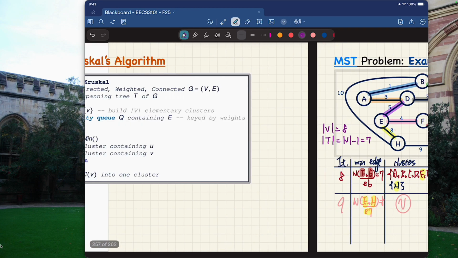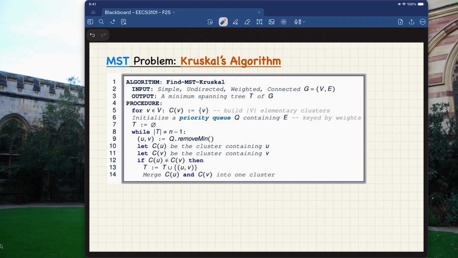If you look at the algorithm over here, you can see that we keep choosing something from the priority queue, which is guaranteed to be the minimum, because we're using the edge weights as the key. Keep choosing the minimum, and every time we try to merge two clusters, using an edge to connect them. And this edge is a minimum, and that guarantees it is going to be a member of the ultimate minimum spanning tree we're going to build. We don't know exactly how that minimum spanning tree will look at this point of iteration, but we know that UV is guaranteed to be there.